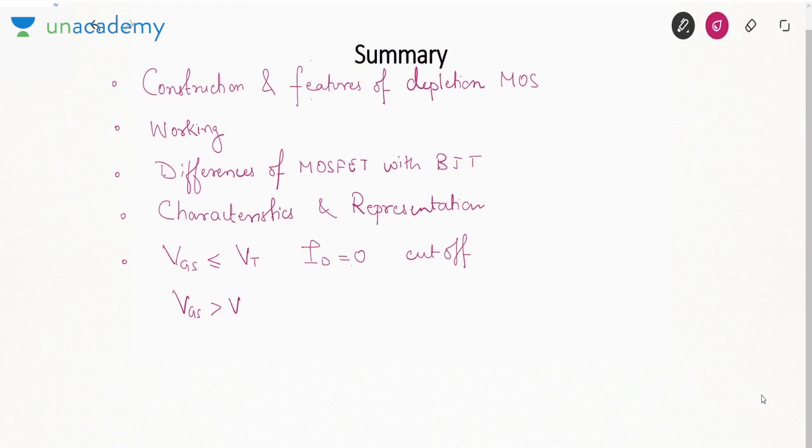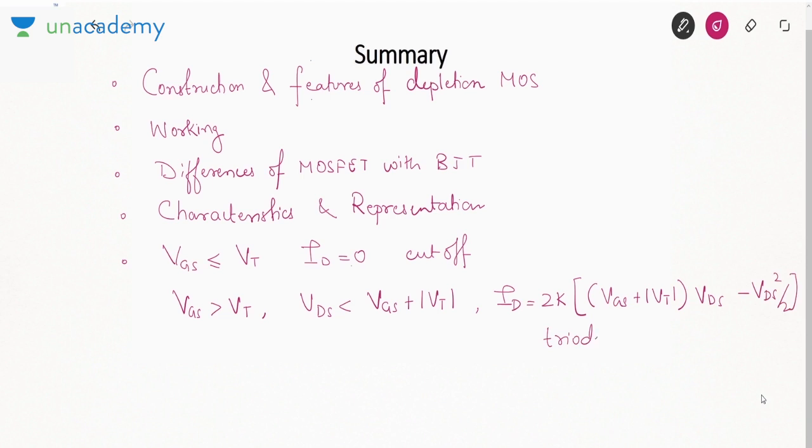VGS greater than VT and VDS less than VGS plus mod VT, then drain current is 2K times VGS plus mod VT times VDS minus VDS square by 2. That was the triode region.